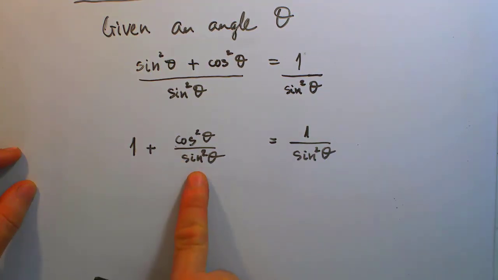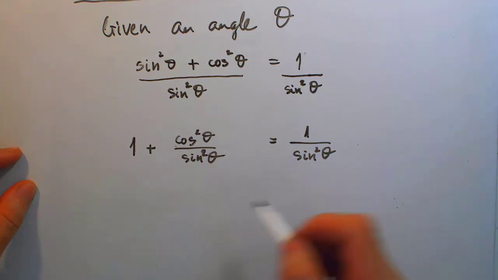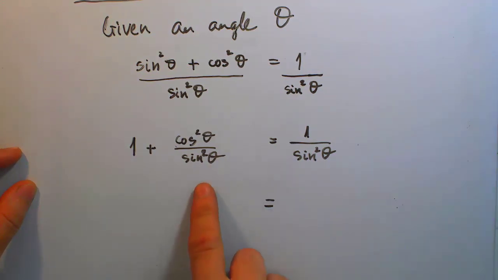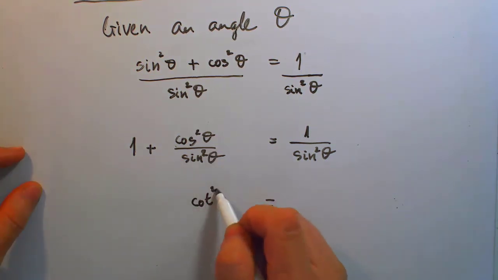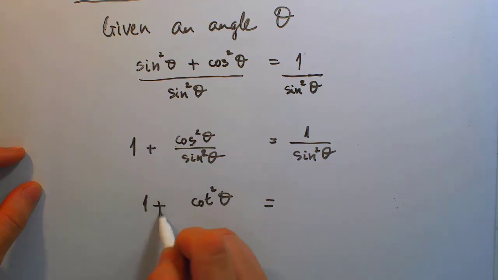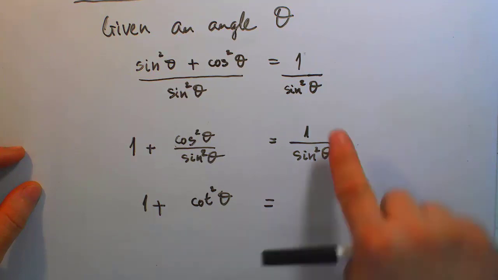Cosine square over sine square theta, with similar arguments to how I was doing the tangent, is cotangent square of theta, plus 1, and then this left hand side is now done.